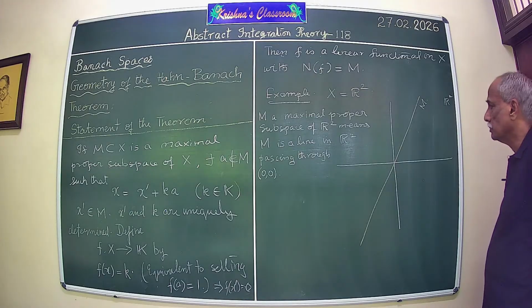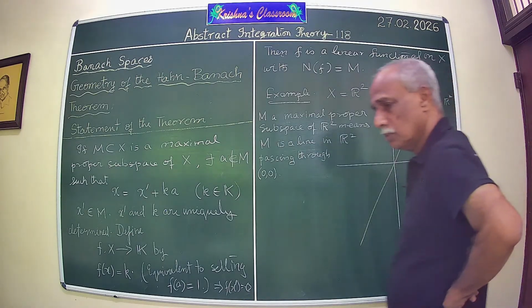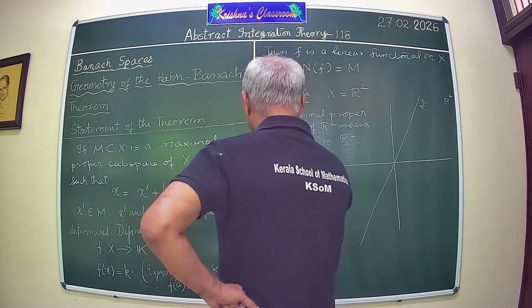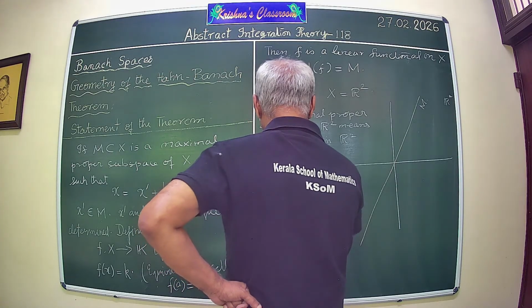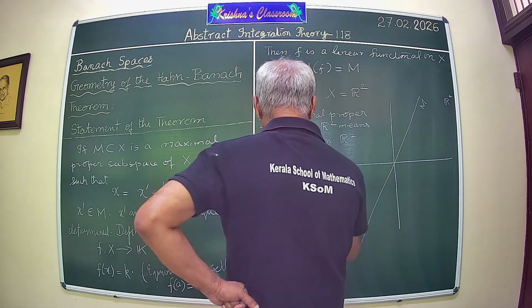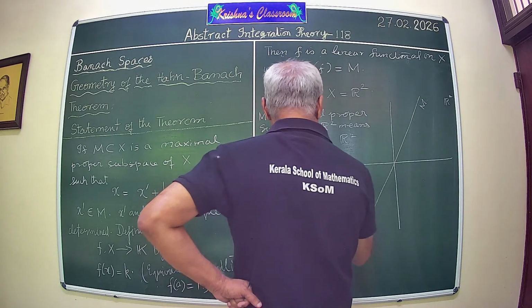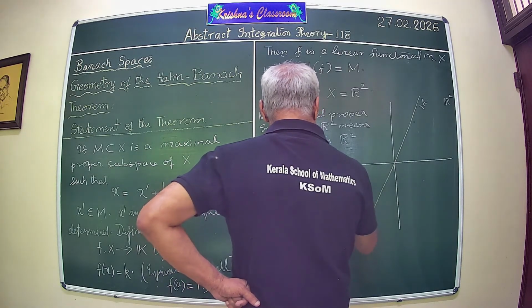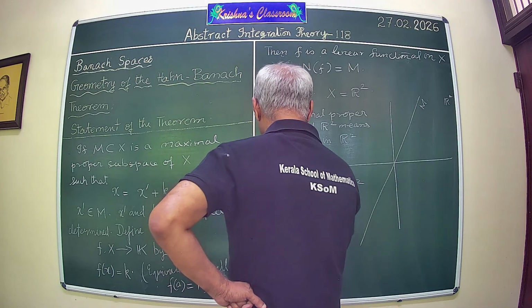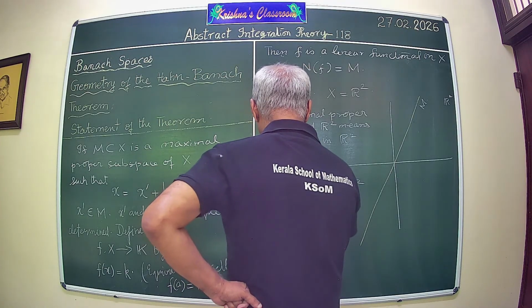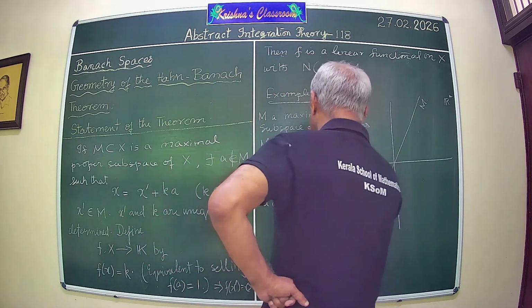Okay. Now choose an A not in M; such an A exists.